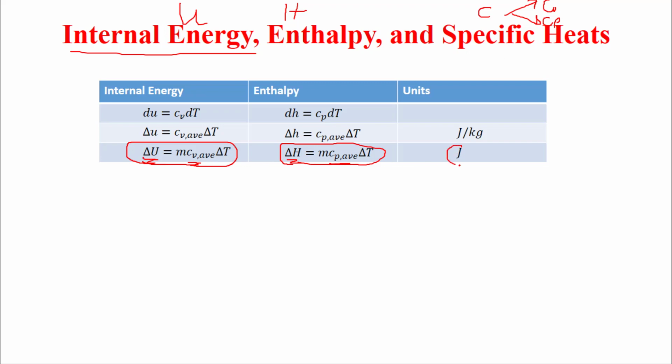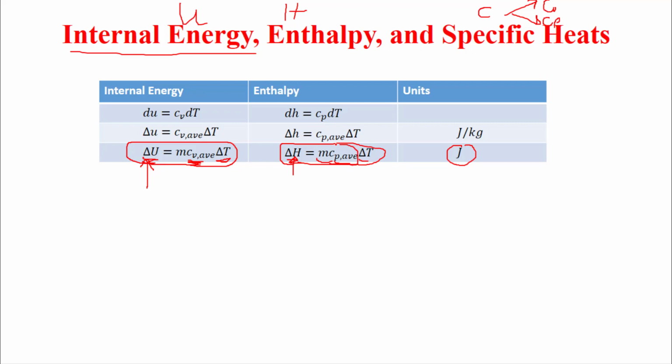Of course, the unit of each term, delta H and delta U, is joule or kilojoule. So delta U can be defined as mass multiplied by specific heat at a constant volume multiplied by delta T, and delta H the same: mass multiplied by CP, specific heat at a constant pressure, multiplied by delta T.